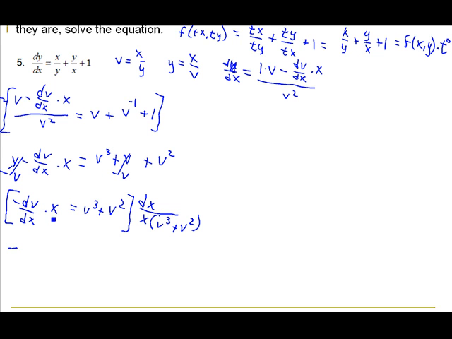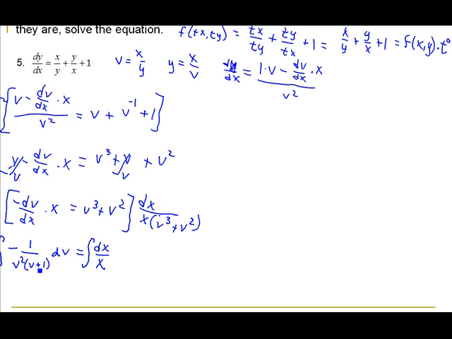The dx's cancel, the x cancels. I'm going to get 1 over, and this v to the third plus v squared in factored form is v squared times v plus 1, times dv equals, on the right side we get dx over x. And from here we want to integrate.